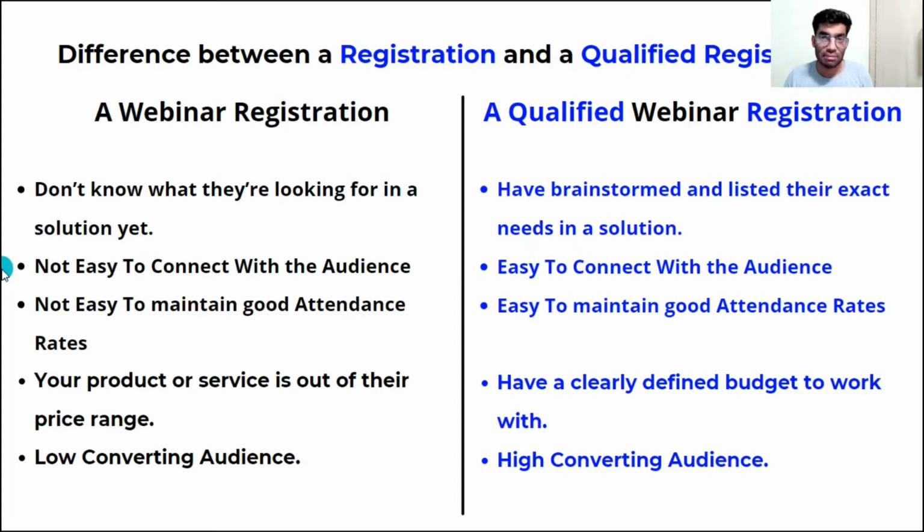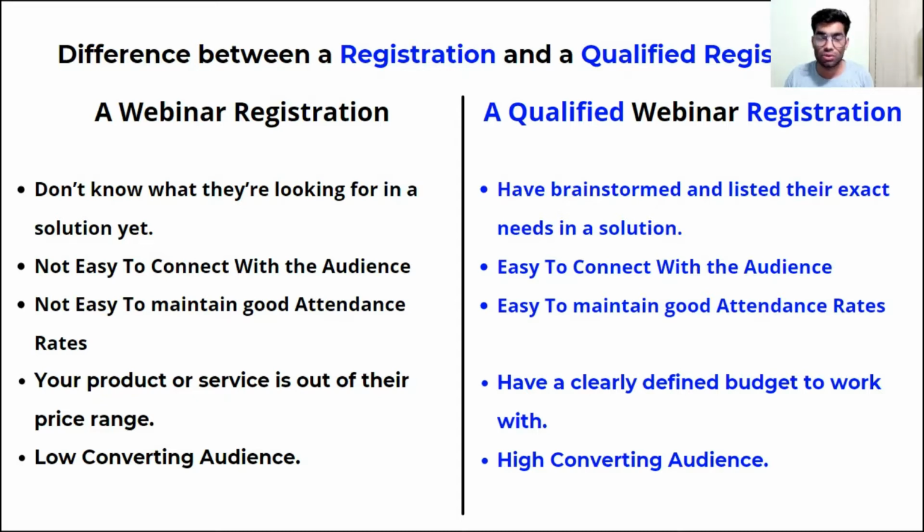The same is the next point. It is not easy to connect with the audience because you don't know what they are actually looking for. Most of the time people just register for the webinar and don't show up. Why? Because they don't know exactly what they are looking for in the webinar.